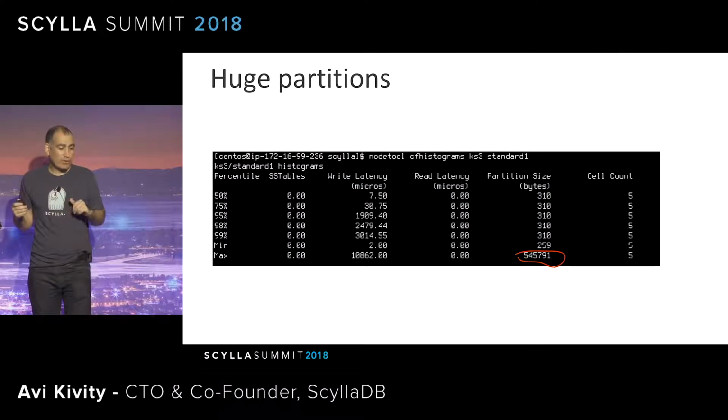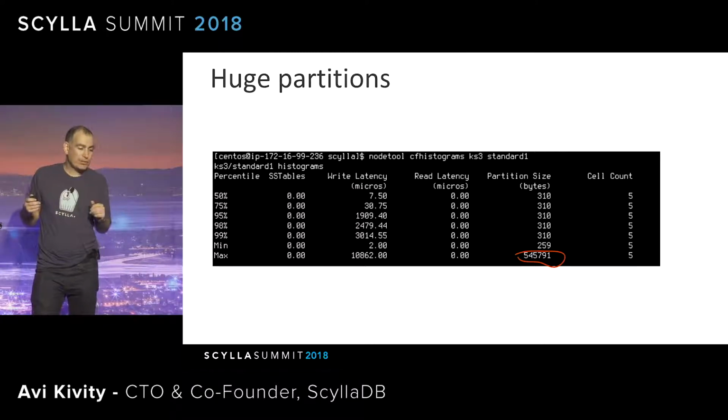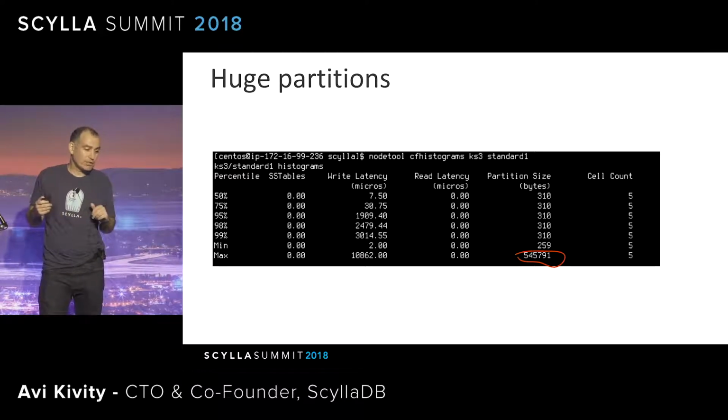Also, slow query logging can show you that. This is the output of a CF histograms command, and you can see that here you have a partition that is half a megabyte in size. That's actually not that large, so it could be a lot worse. We've seen partitions that are tens of gigabytes in size and even larger.